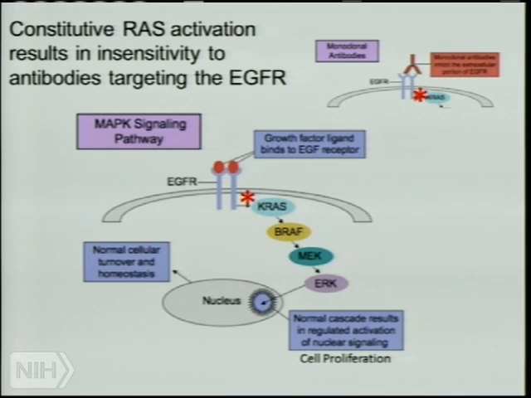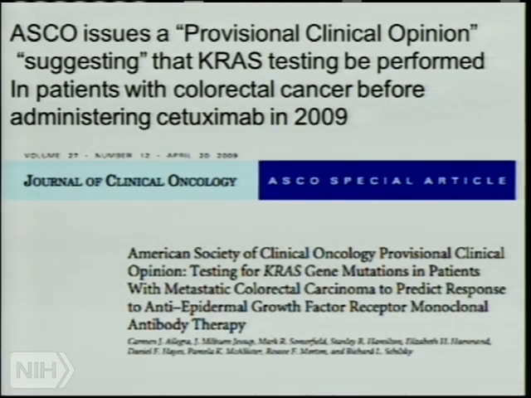And you can imagine that when you try to inhibit above that, the EGF receptor, then you're not going to be successful if you've got your signaling starting below at the level of KRAS. And that's actually also true, which I'll show you, if you have mutation in BRAF. So any mutation below the level of that receptor is going to be problematic for treating with EGF receptor inhibitors.